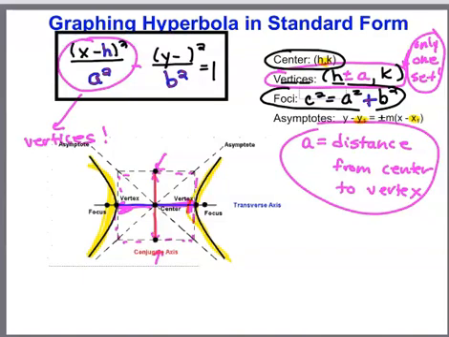H, just like before, goes after the x. K goes after the y. If we go back here, this is the center. This is the x value of the center. This is the y value of the center. And then this is going to be the slope. It'll make more sense once we do a few problems.